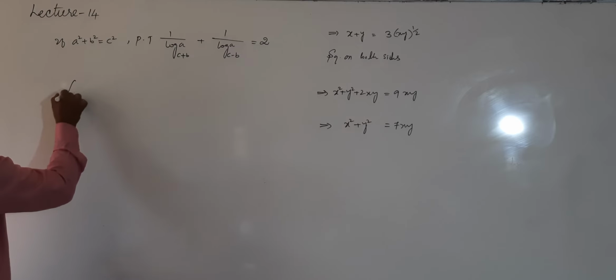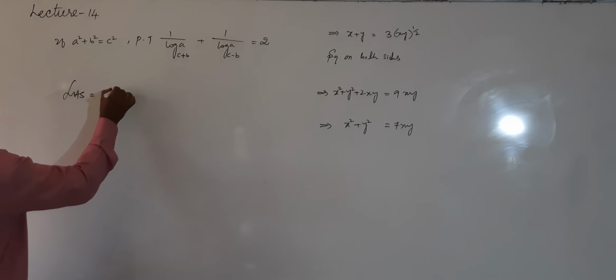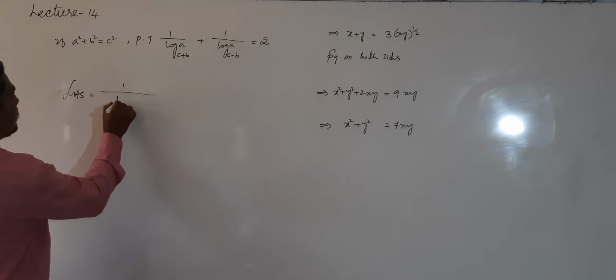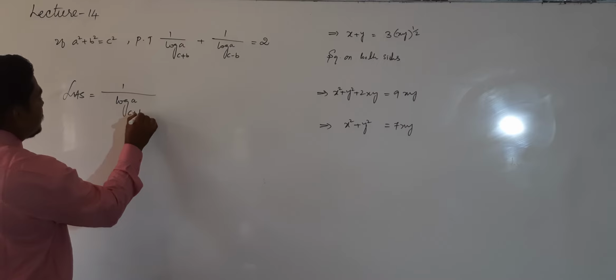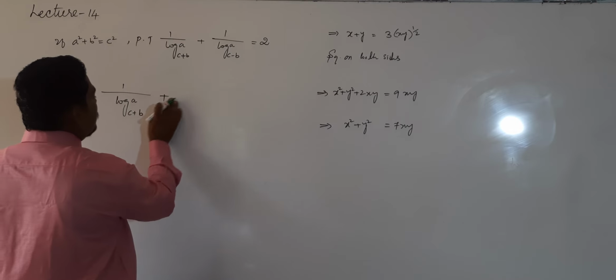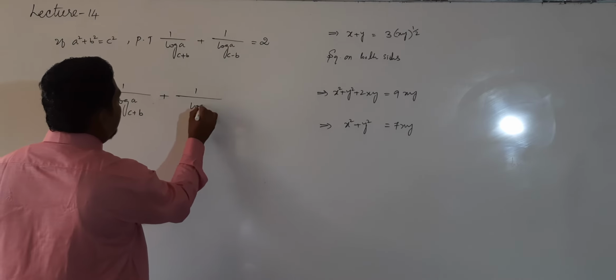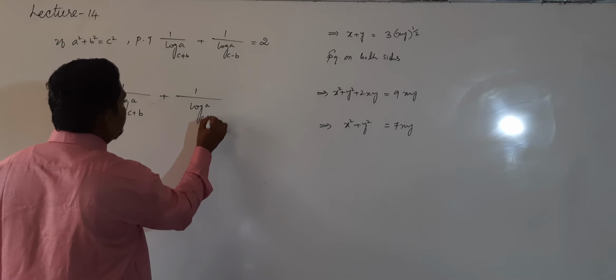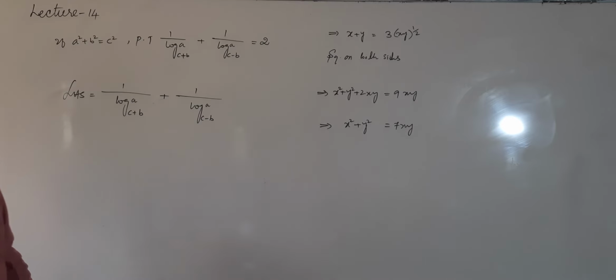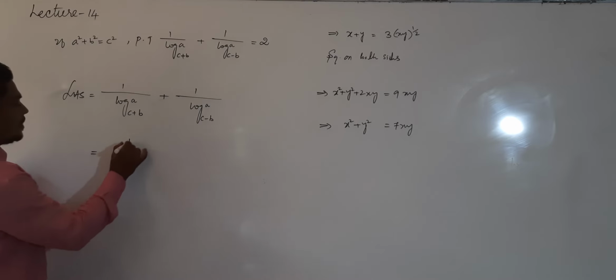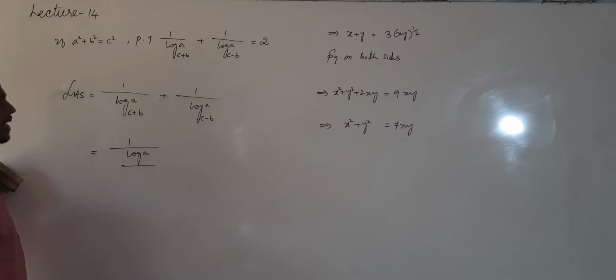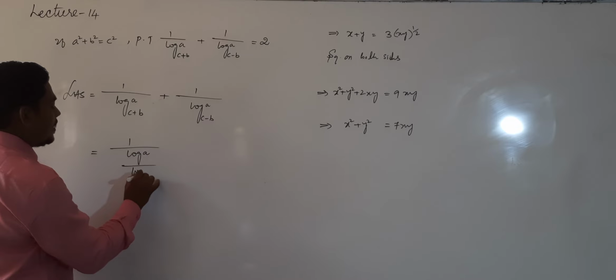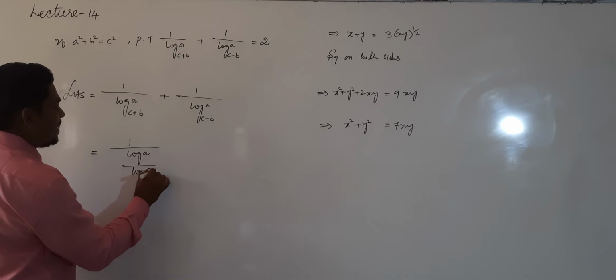Consider LHS. 1 divided by log a to the base (c plus b) plus 1 divided by log a to the base (c minus b). In the denominator, just use the change of base theorem formula. 1 divided by, using change of base theorem, log a divided by log (c plus b).